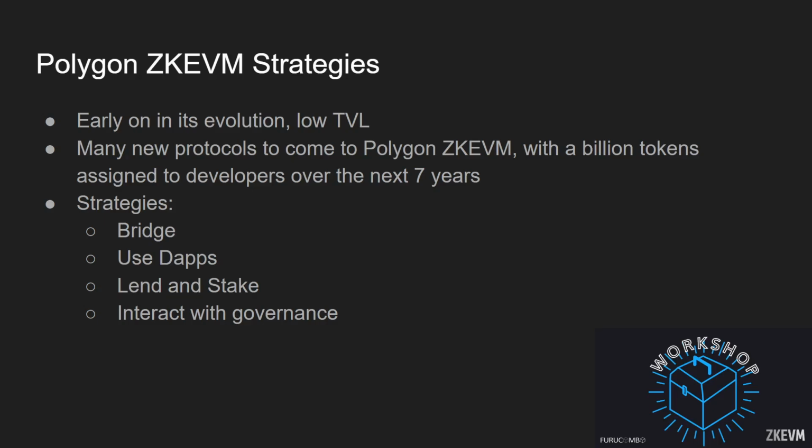You could even bridge to the old PoS Polygon chain, and you could also stake Polygon tokens there. We've seen some airdrops from that. You want to use dApps, so QuickSwap for sure, maybe deposit to Dolomite. You want to lend and stake, and you want to interact with governance. So overall, the strategies are pretty similar.